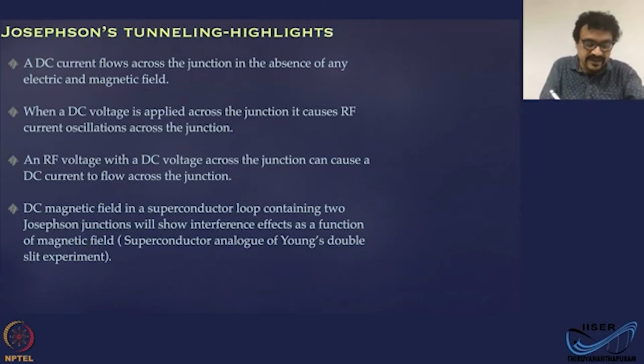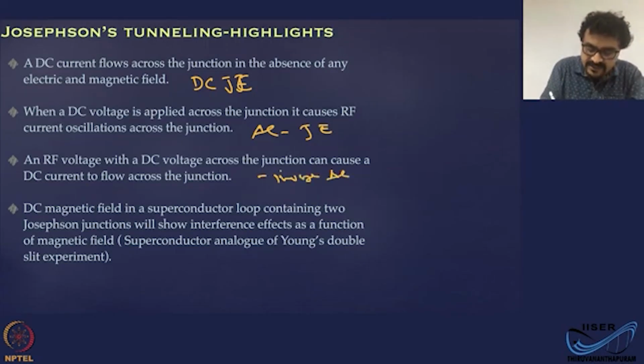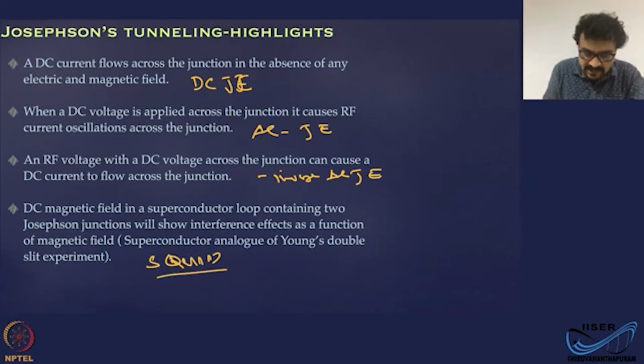So just to identify these, this is called the DC Josephson effect. This is called the AC Josephson effect, and this is called the inverse AC Josephson effect. Okay, and this is your SQUID, superconducting quantum interference devices.